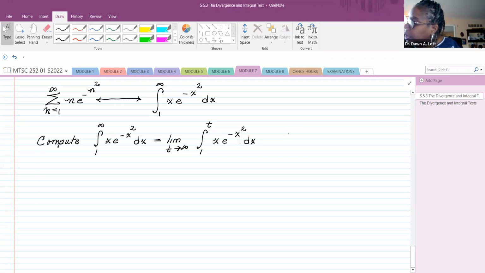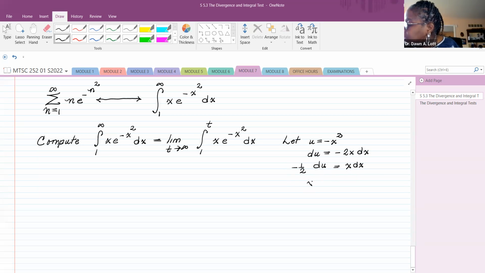Okay, so we'll let u equal negative x squared and du equal to negative 2x dx. And then x dx is going to be negative 1/2 du. And then when x is equal to 1, u is going to be negative 1.